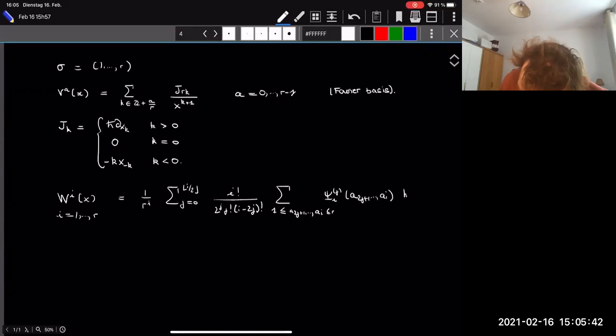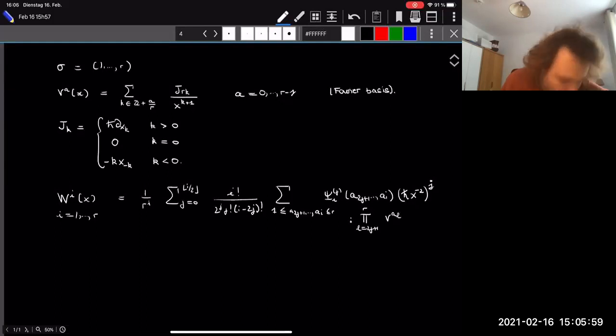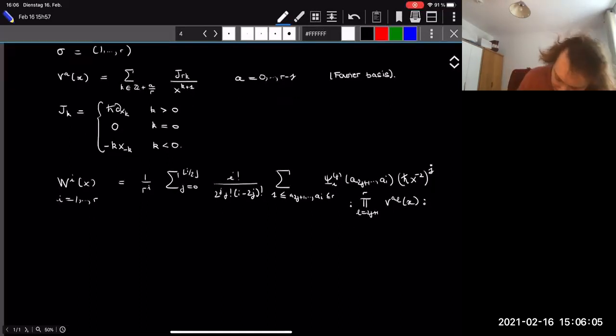Then I had these quantum corrections coming from normal ordering, and the product of the V fields at x, normal ordered.